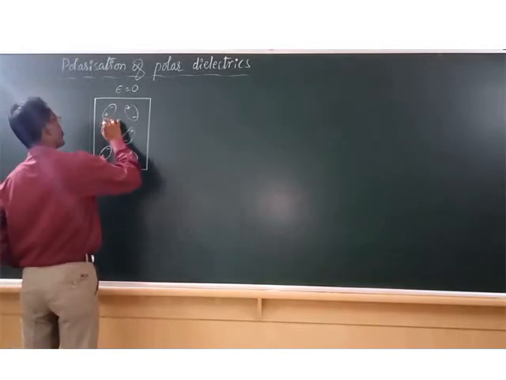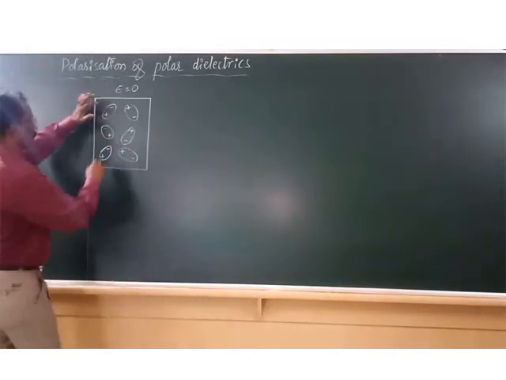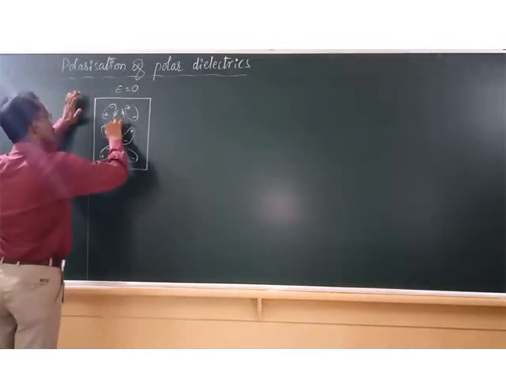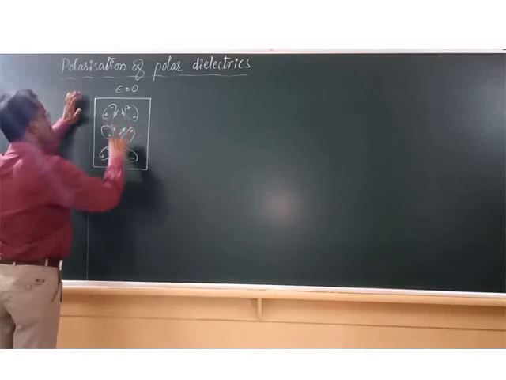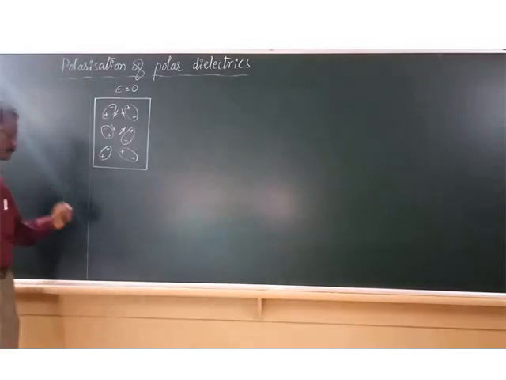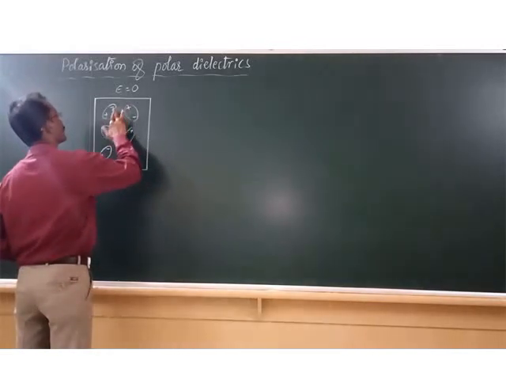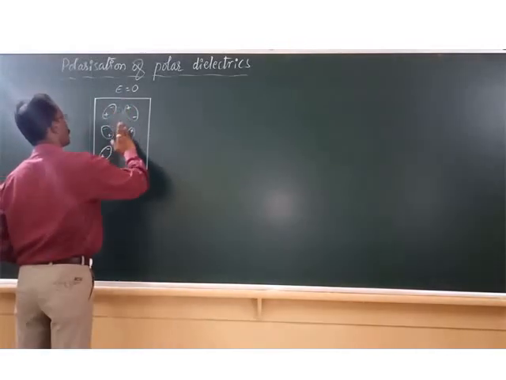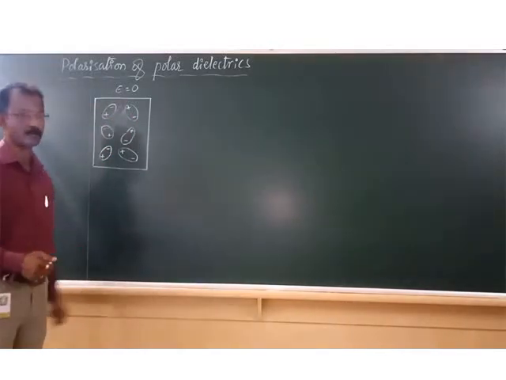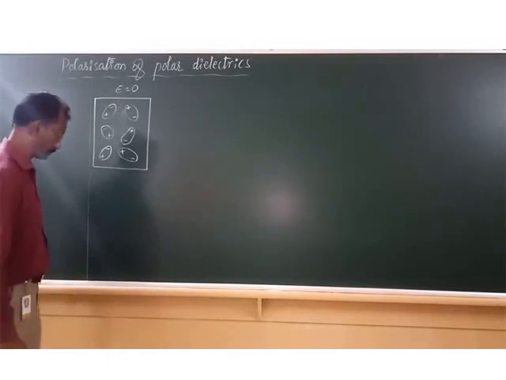So here the dipole moments are randomly oriented. Some point in one direction, others in the opposite direction, so the net dipole moment becomes 0. In the absence of the external electric field, the dipole moments of the polar molecules in the dielectric slab are randomly oriented, hence the net dipole moment is 0.